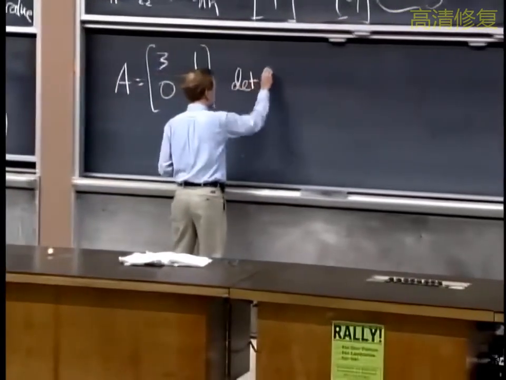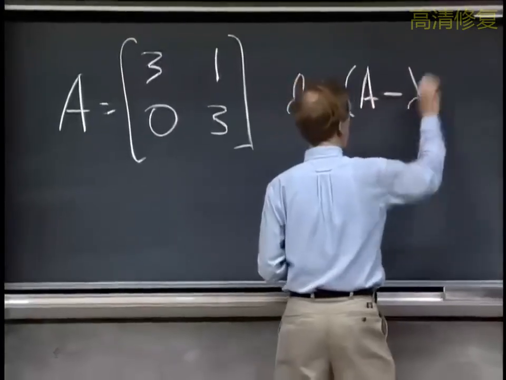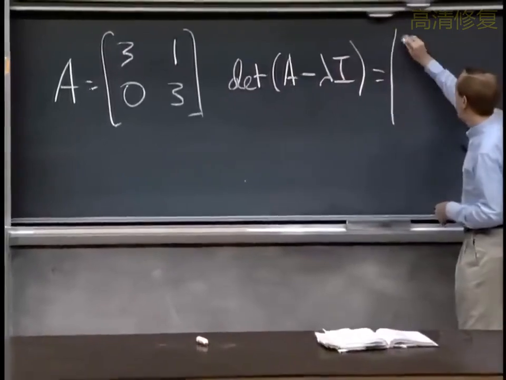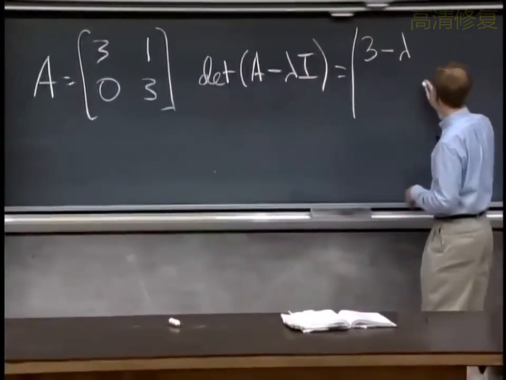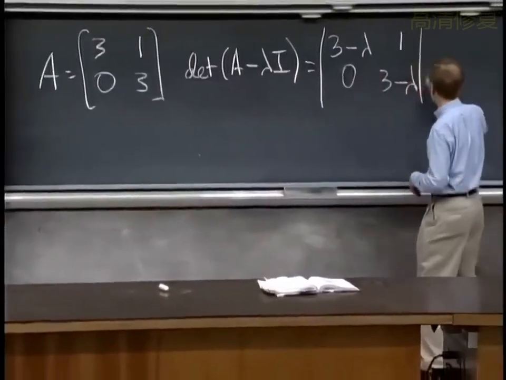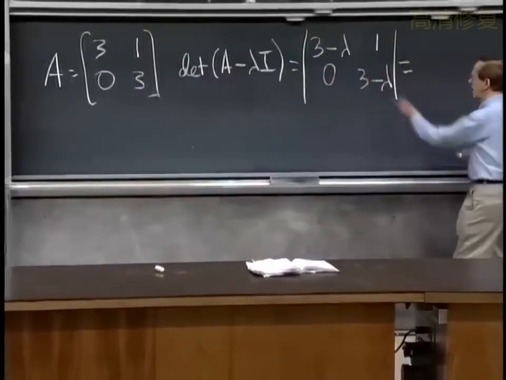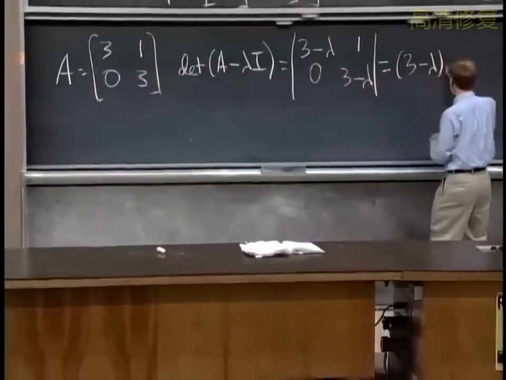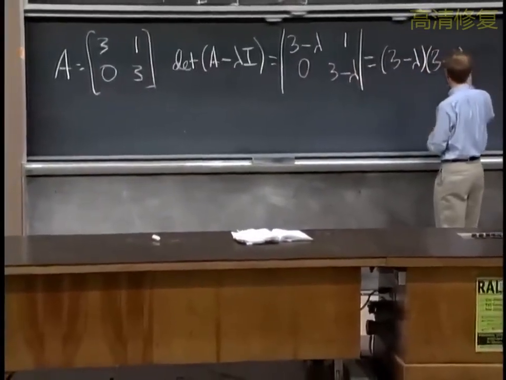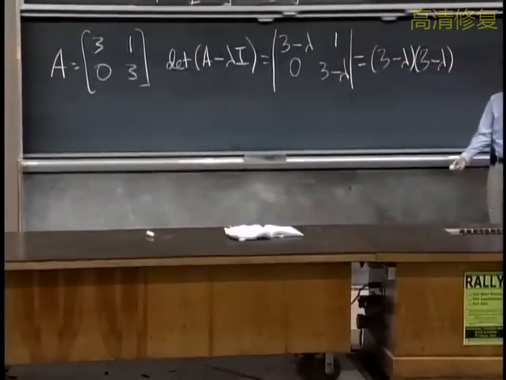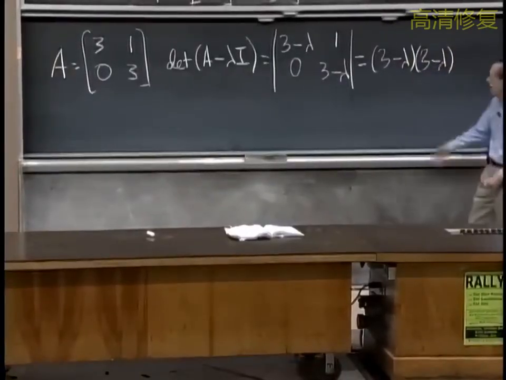The determinant of A minus lambda I, what I always have to do is this determinant. I take away lambda from the diagonal. I leave the rest. I compute the determinant, so I get a 3 minus lambda times a 3 minus lambda and nothing. So that's where the triangular part came in.